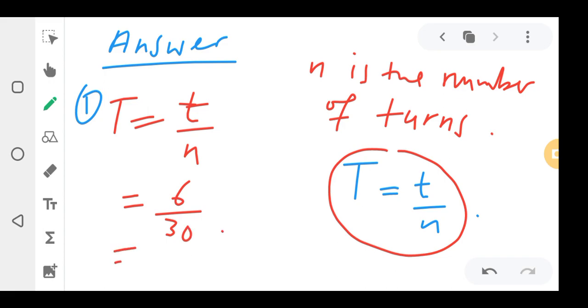What is 6 divided by 30? It is 0.2 rather. So 0.2 seconds. So that is the formula you are going to use.